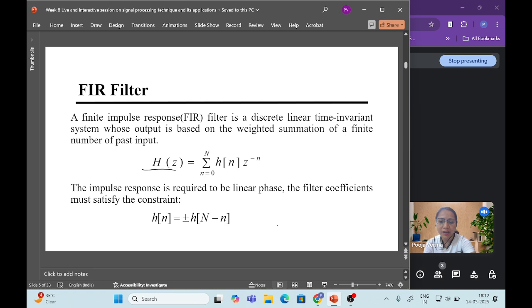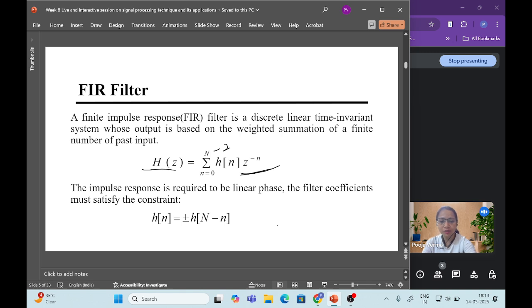The equation in the z transform is H of z equal to the sum over n from 0 to N minus 1 of h of n z to the power minus n. The impulse response is required to have linear phase.